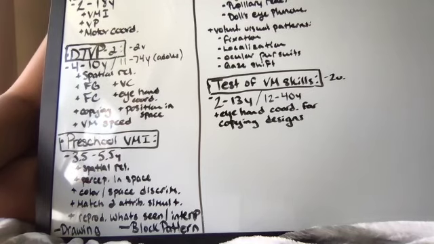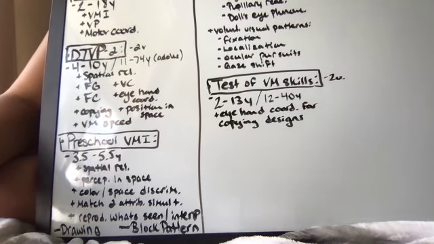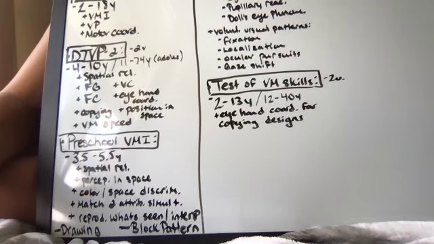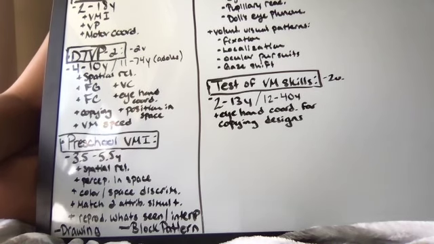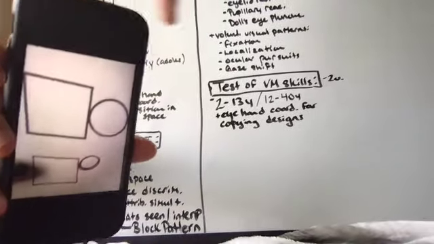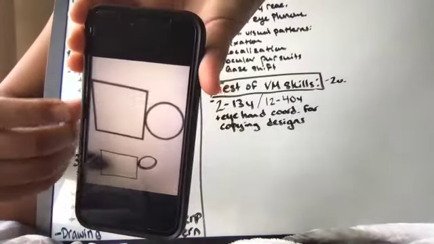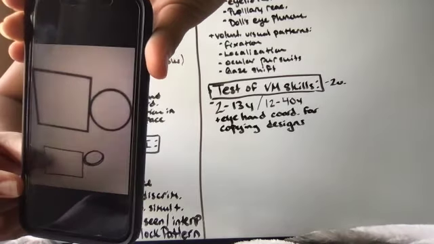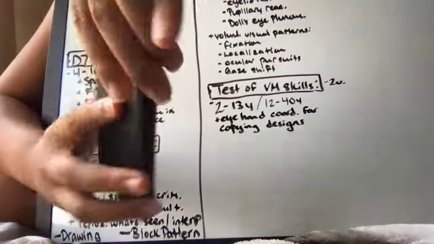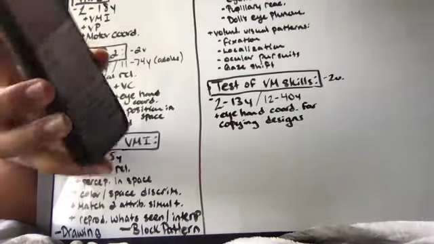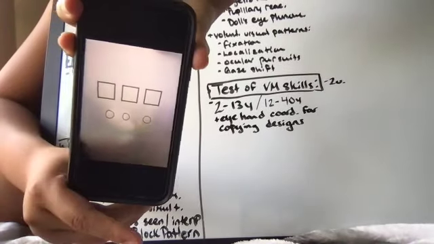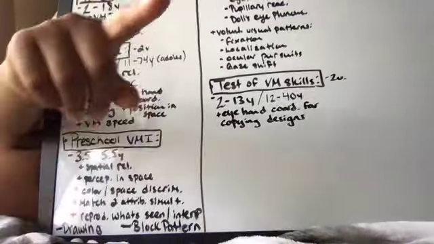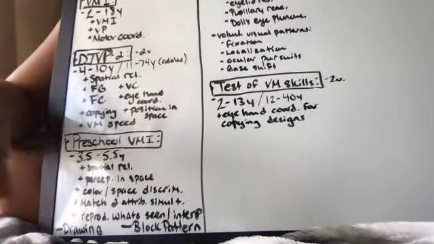This test looks a lot like the Beery-VMI. So I'll give you a visual just so you can see. You're going to get a figure, and the child is going to have to copy that figure in the space provided below. Really, the difference is that the VMI is in nice, neat little boxes.